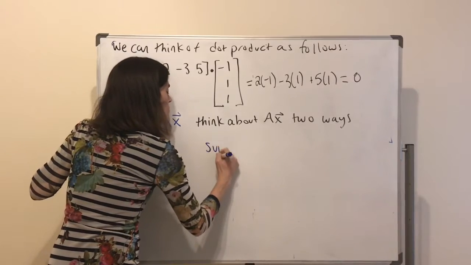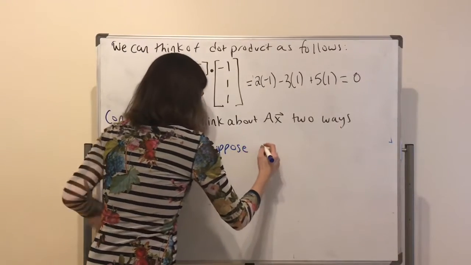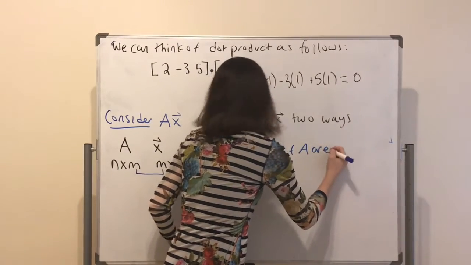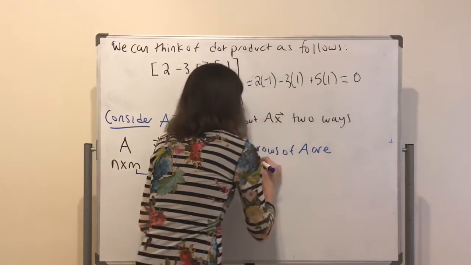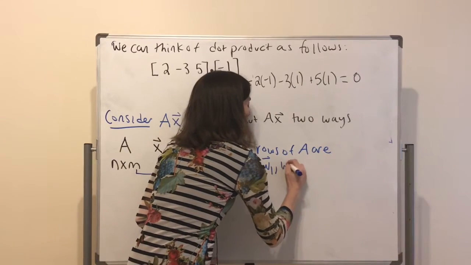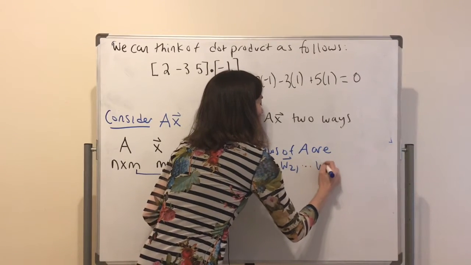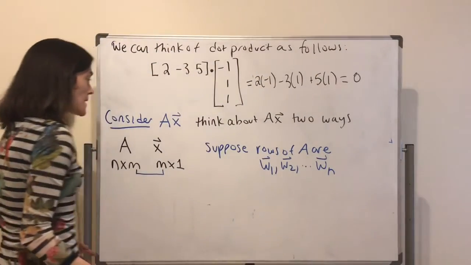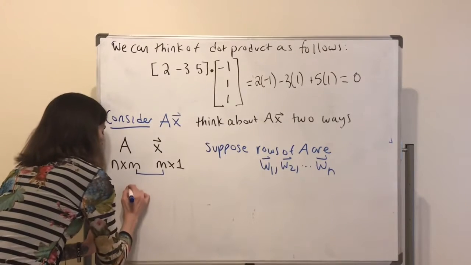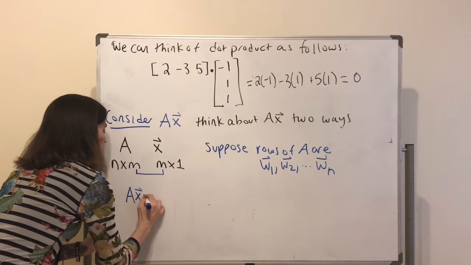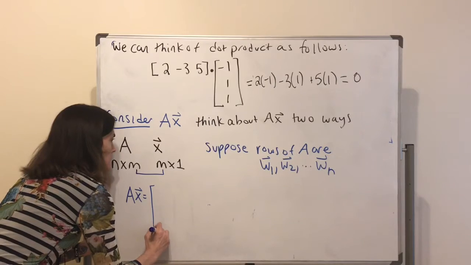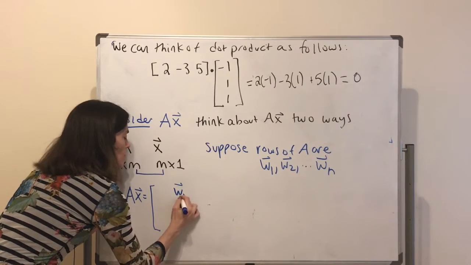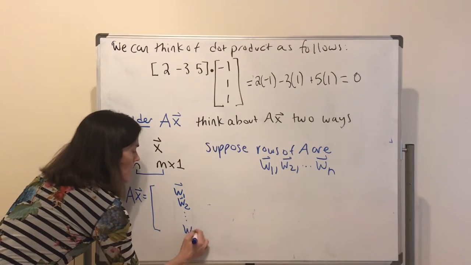So let's suppose the rows of A are W1, W2, out to Wn.